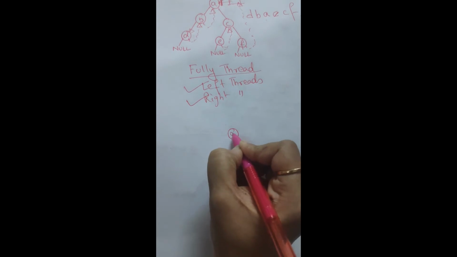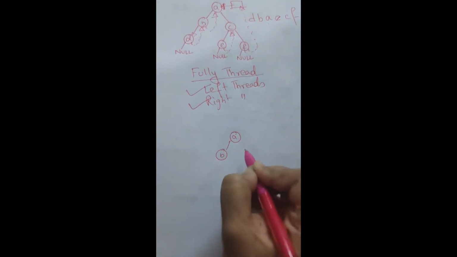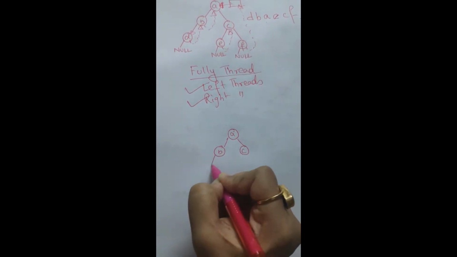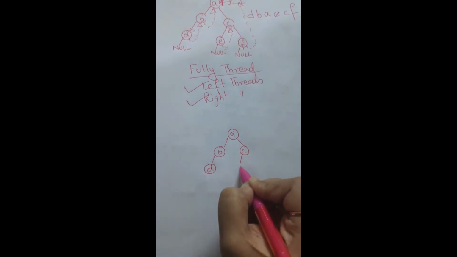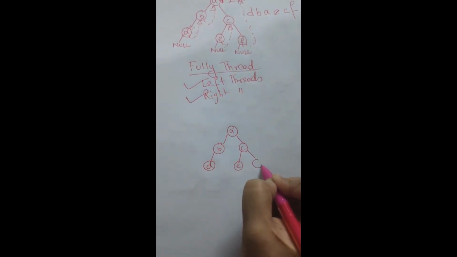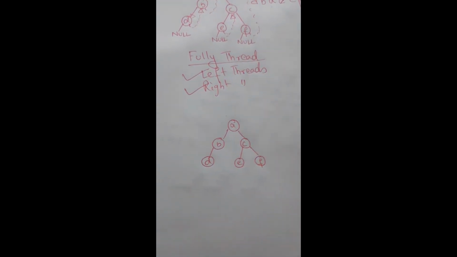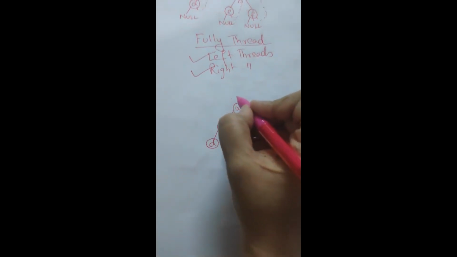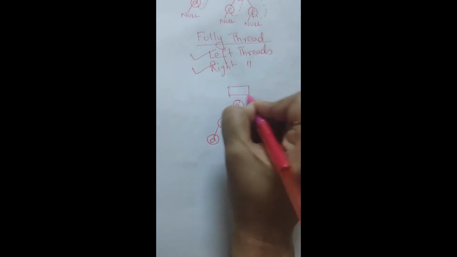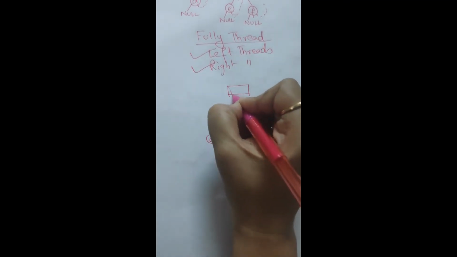So let me draw the same diagram and show you how a fully threaded binary tree looks like. You can draw it yourself and then you can match it with the answer. So let me draw the head node over here, which points at the root node. This is the head node.